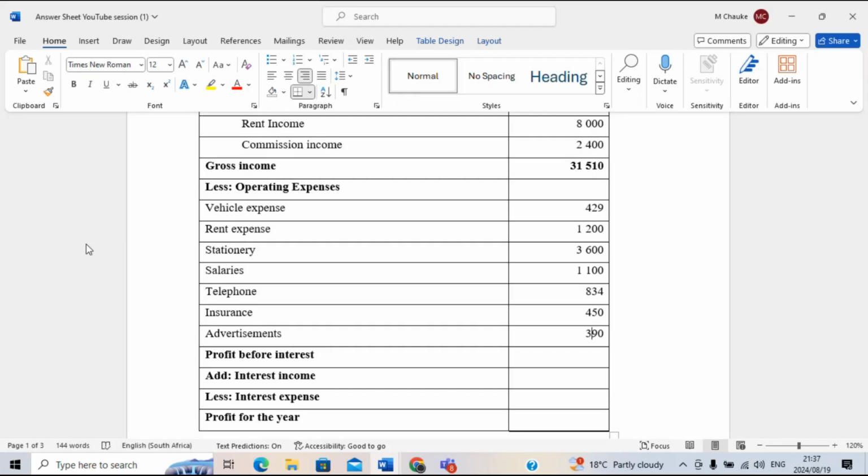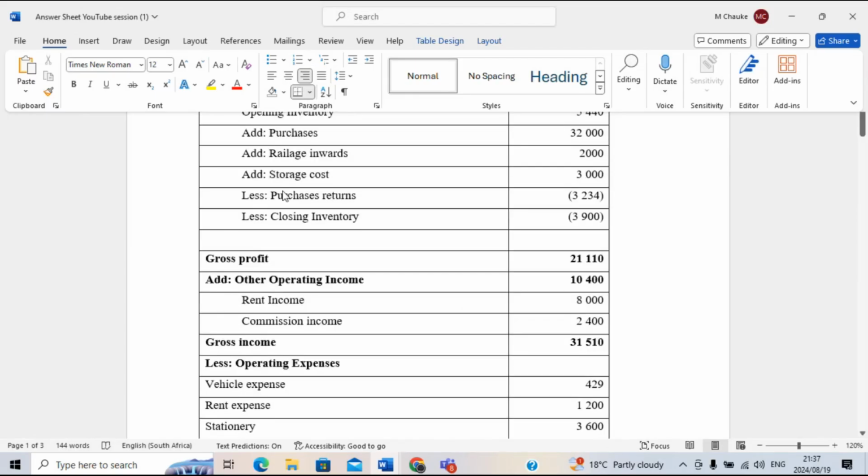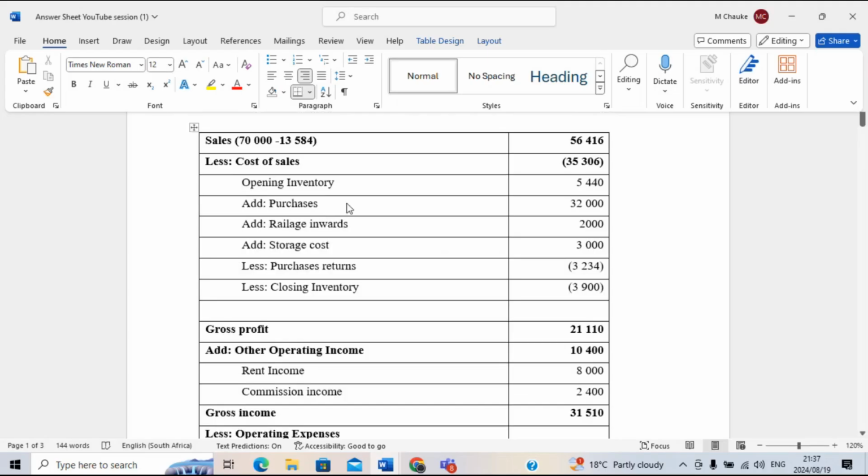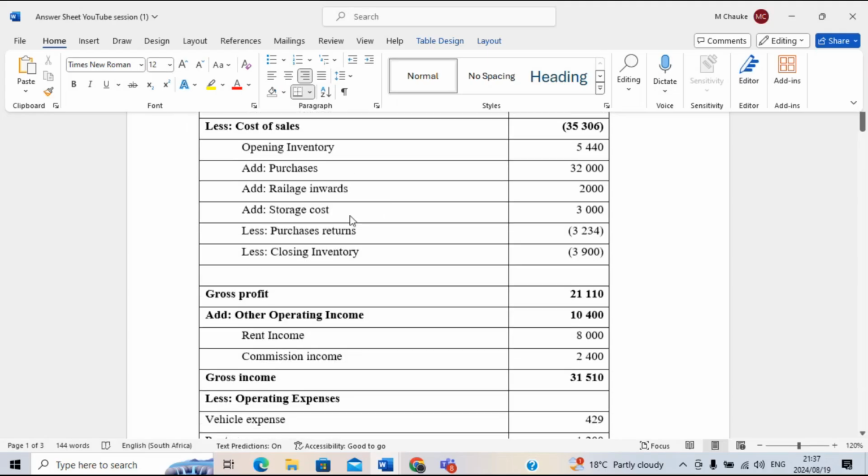The storage cost, remember, we cannot utilize it. We recorrected it. It's not an expense. It's one of the items that we're going to use to calculate cost of sales. See now, storage cost is here under the items that we utilize to calculate cost of sales, right? So I hope you got that, Maria.